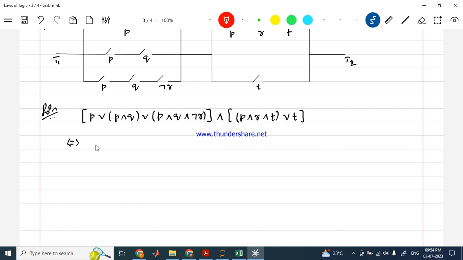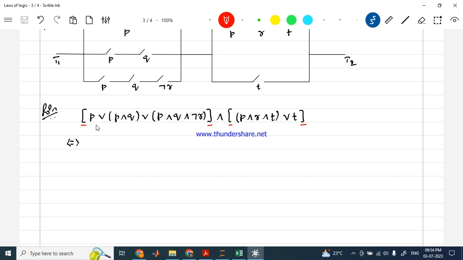As I mentioned already, this expression is in conjunction with this expression. Now, if we are just handling this part, here we can note that this is my P, this is Q, this is R, separated by a single connective, disjunction.